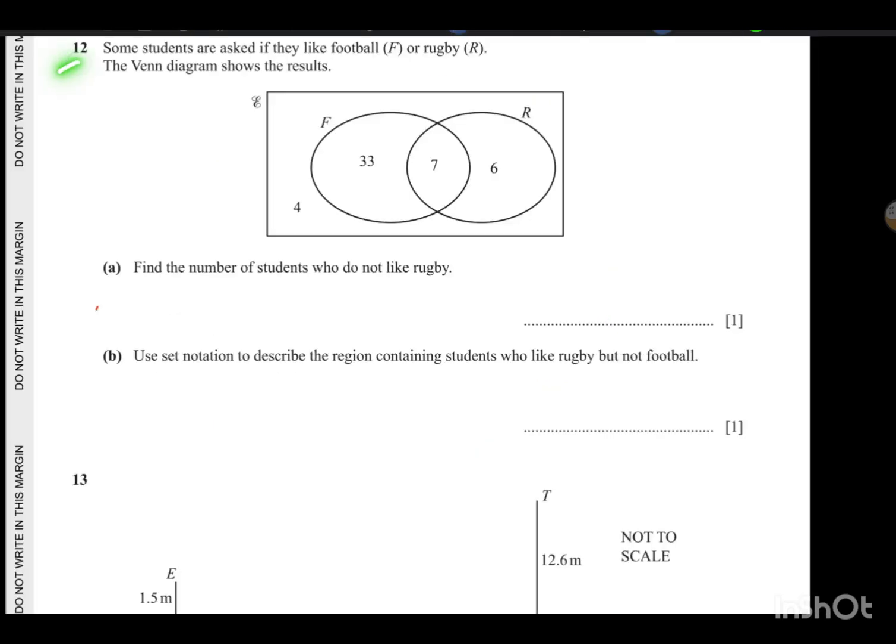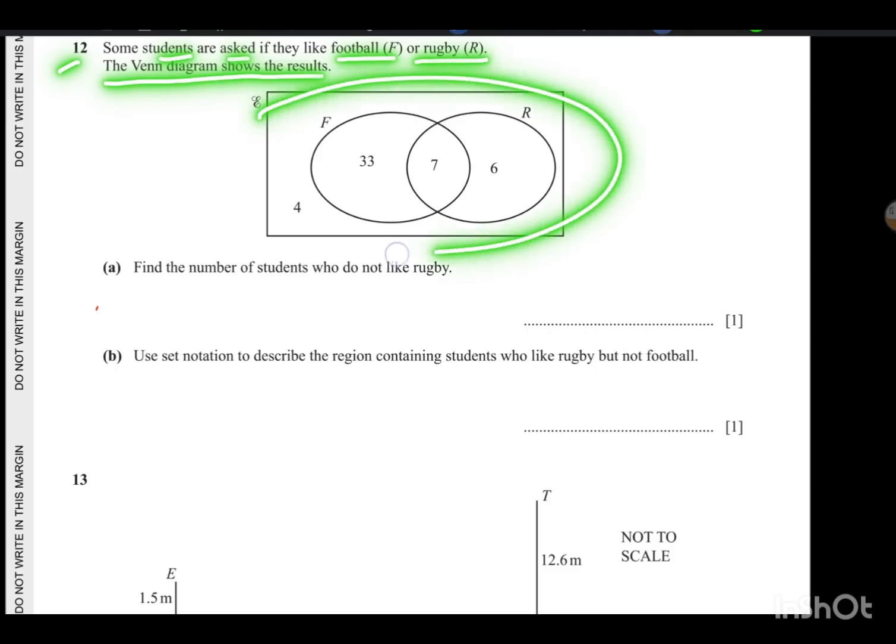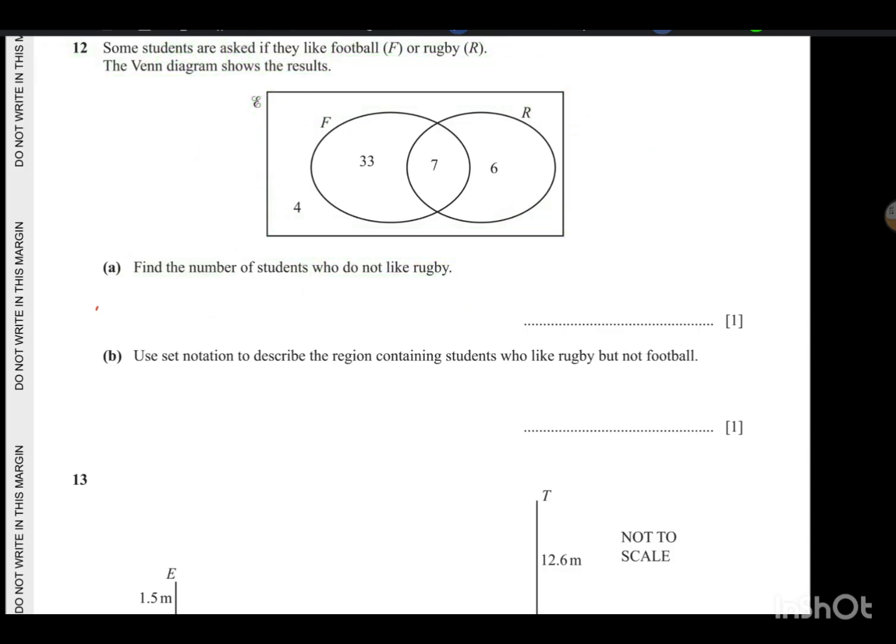Question number 12. Some students are asked if they like football F or rugby R. The Venn diagram shows the results. This is the Venn diagram. Find the number of students who do not like rugby. Now the students who do not like rugby will be everything except this part.